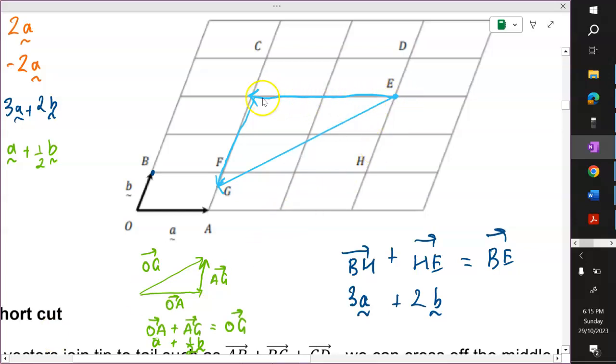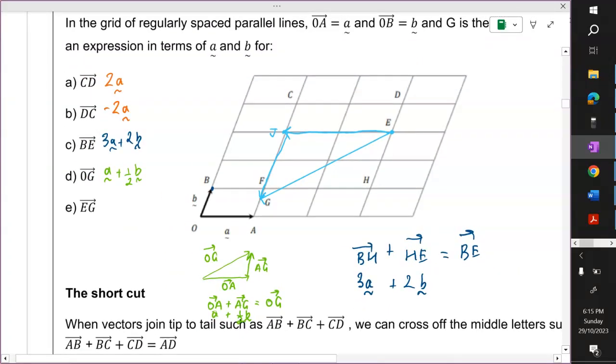So we know this vector here, let's call that J. I'm going to pop a J in there. Okay, so we know what that is because that's the same. EJ is the same as DC. So EJ is minus 2A.